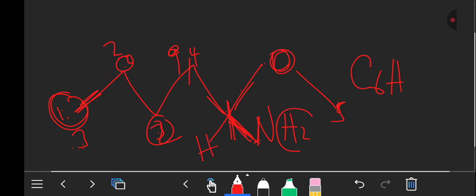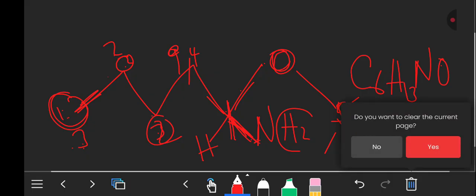So it will be 10 plus 3 hydrogens there, so it will be 13. So 13 hydrogen. Then nitrogen there is just 1, and oxygen there is just 1. So that will be the molecular formula for this structure. Let's have another one.